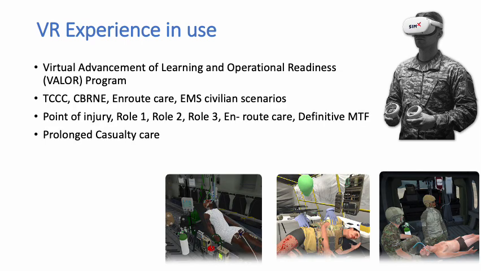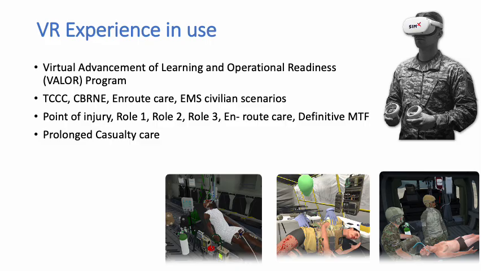There are scenarios that treat point of injury, like I just showed, the TCCC scenario at Role 1. The same casualty can then be moved to Role 2 and Role 3. En route care can be administered, which is a key goal for the Navy and prolonged casualty evacuation times now, as well as more advanced treatment at the definitive MTF.